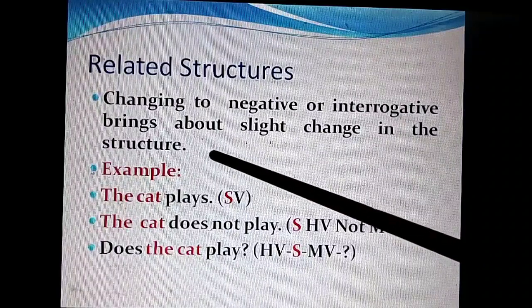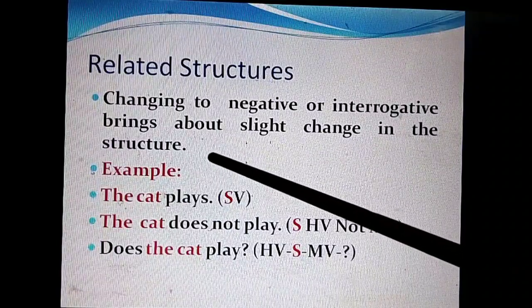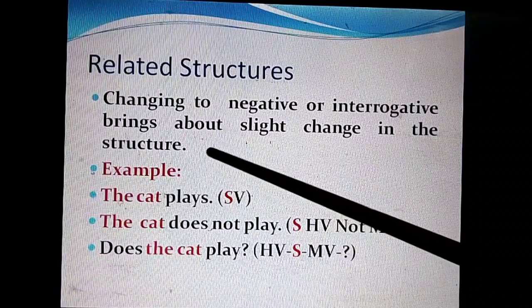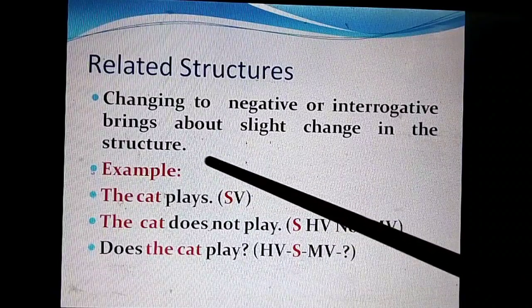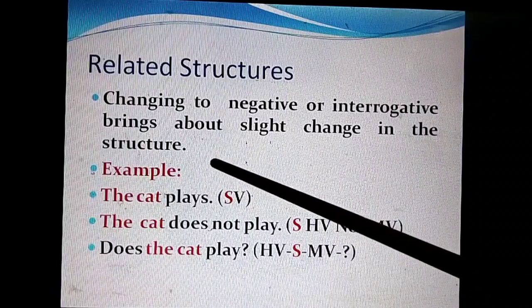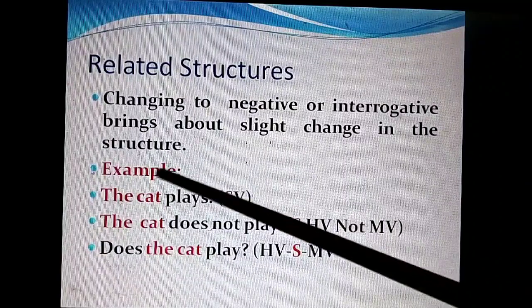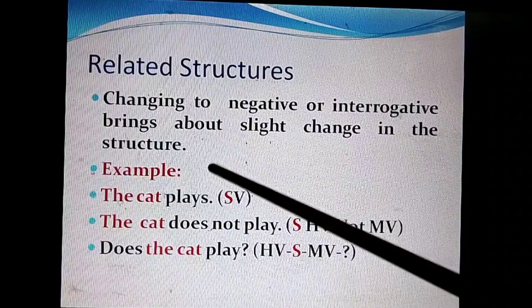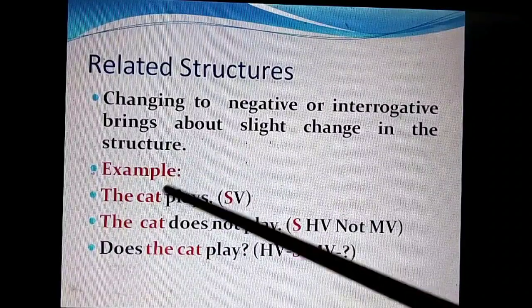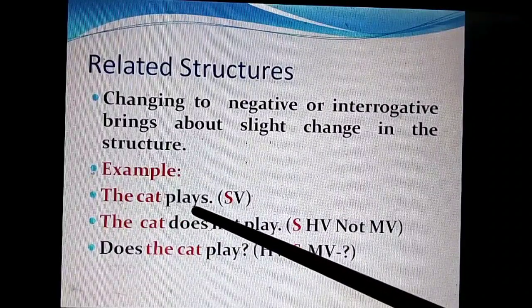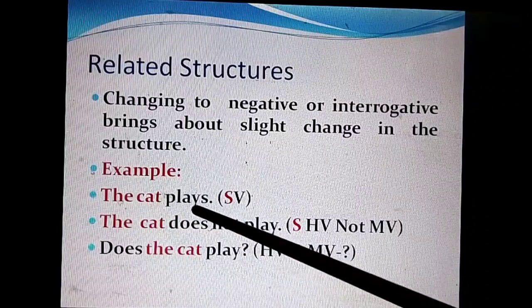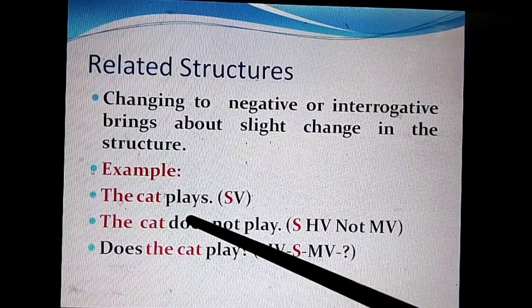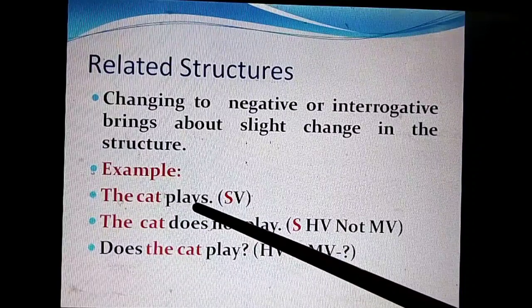This also you are well versed with if your tenses are right and if you have practiced affirmative, negative and interrogative according to the tenses. And if not, then this is the time when you have to revise. So example: the cat plays. The cat, subject, plays is verb. So it is an affirmative sentence.